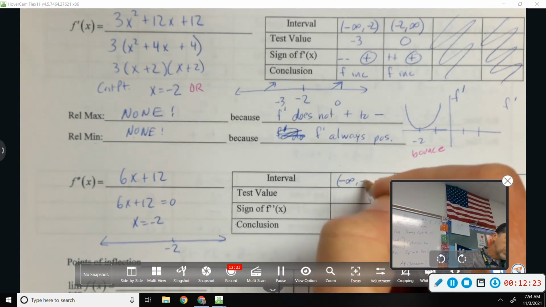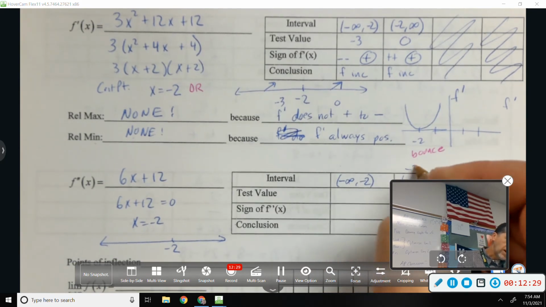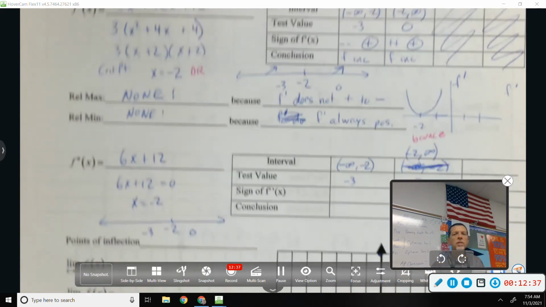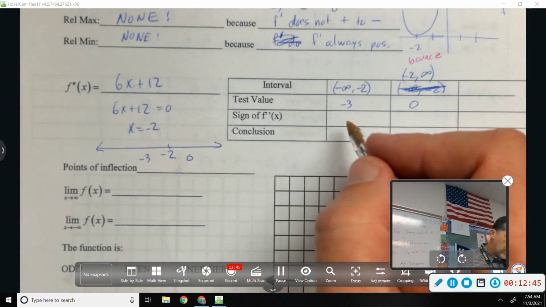So same intervals. Whoops, let's get that right, -2 to infinity. Same test points then, -3 and 0. But where am I testing these? Because f double prime, because I want to know something about concavity.